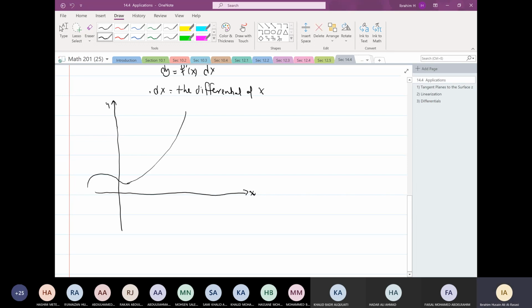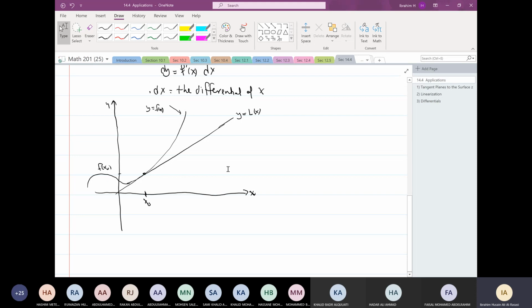This is x0, and this is f of x0, and you also have the tangent, so this is y equals L of x. You think of the line as a curve: you have a curve and a tangent line, the usual as we did above.